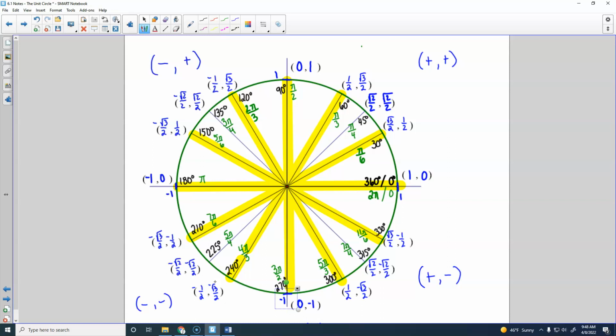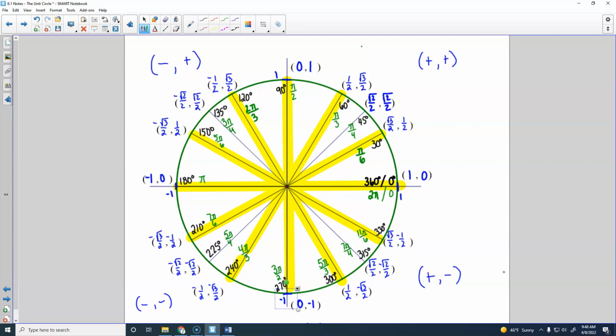And so that is your unit circle. That's what you have to have memorized. It looks really complicated, especially if I had just handed it to you and been like, memorize this, right?